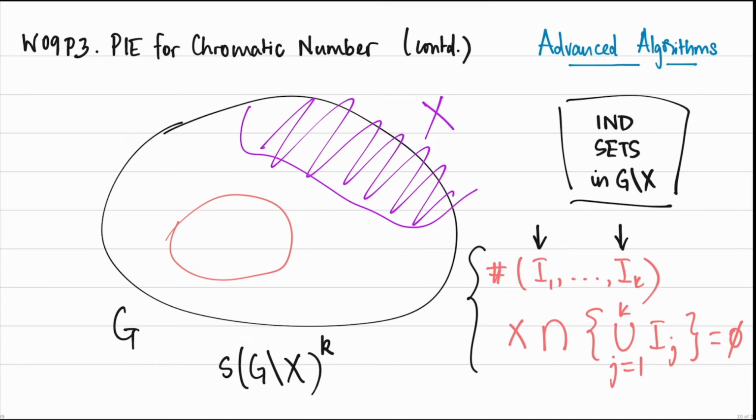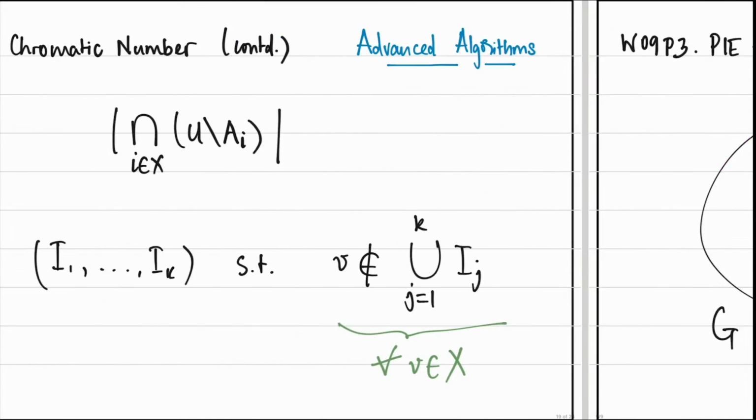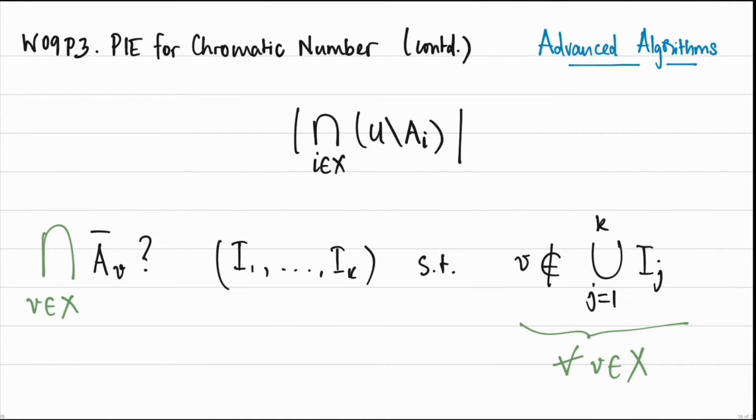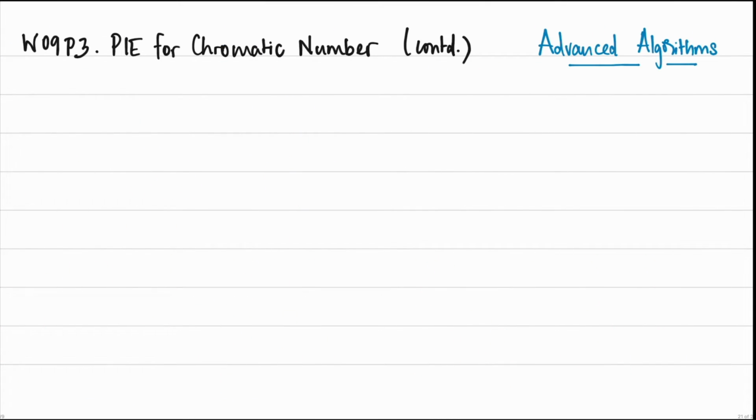But then the question boils down to, how do we count the number of independent sets in a vertex subset of the entire graph, right? That is something that we now need to do to be able to calculate the final sum that we are interested in. Remember that we have already talked about exact algorithms for finding maximum independent sets, and we can do something in this spirit to count the number of independent sets as well, essentially using a recurrence.